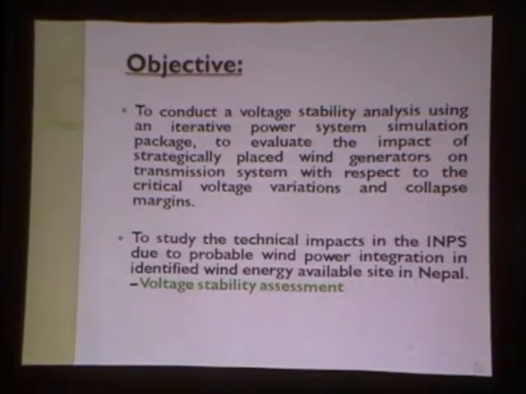The main objective of this research is to conduct a voltage stability analysis using an iterative power system simulation package to evaluate the impact of strategically placed wind generators on the transmission system with respect to critical voltage variation and collapse margin. So that is basically a voltage stability assessment while integrating wind generators in the grid in Nepal.